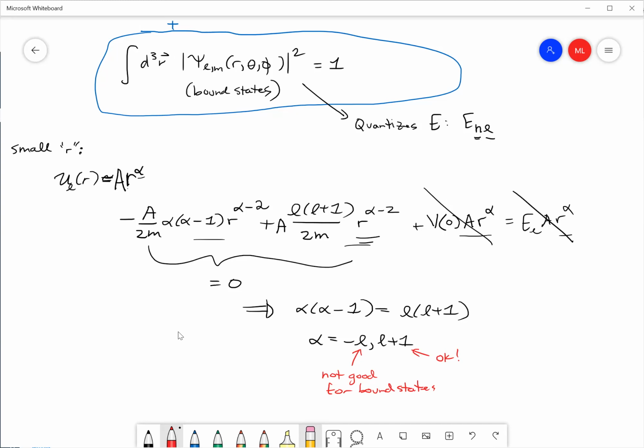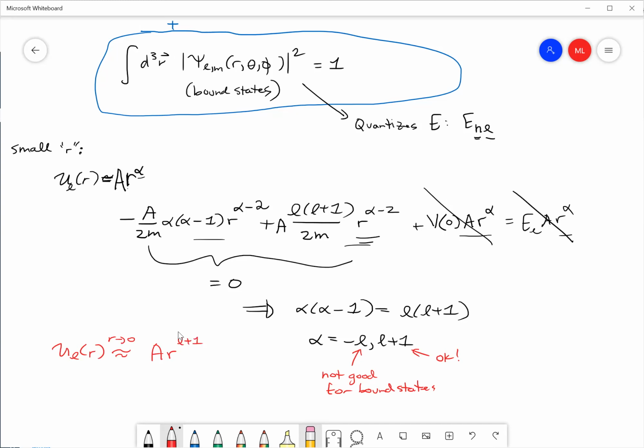So we conclude from this that u_L(r) for small r, as r goes to 0, has to have the form a r to the L plus 1.